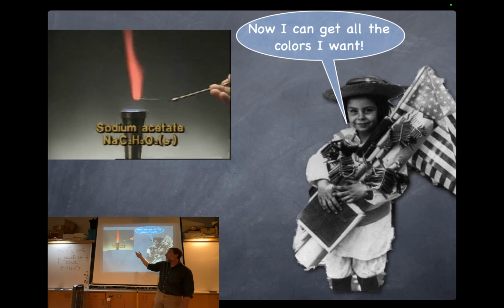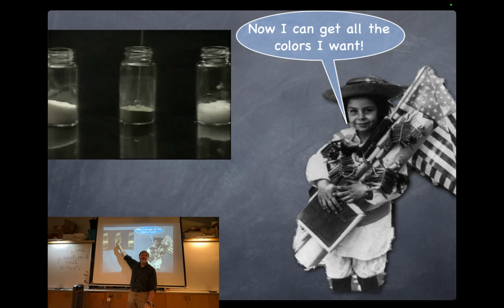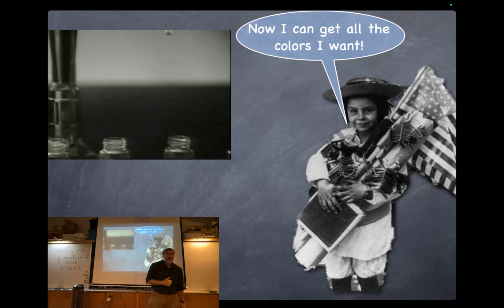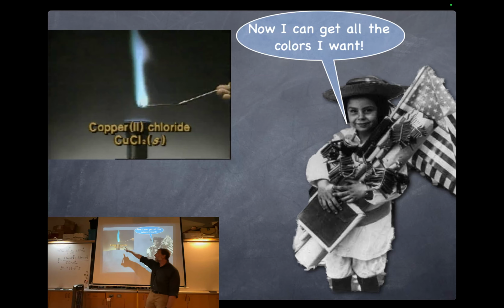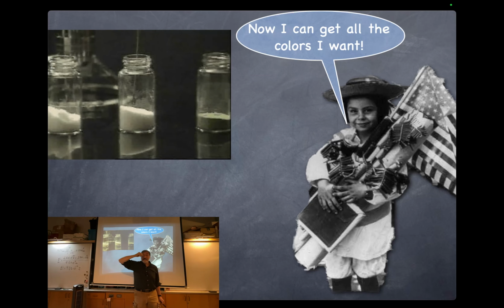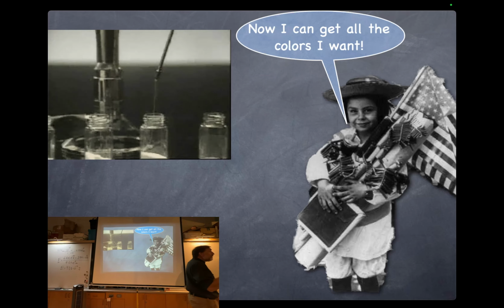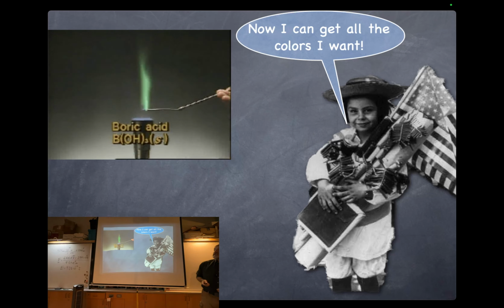Sodium gives this classic yellow-orange color because of the way the electrons are arranged inside. Copper gives you this blue-green color. So you get these classic colors. If you break it down and look at the line spectra, you can do this from billions of miles away.